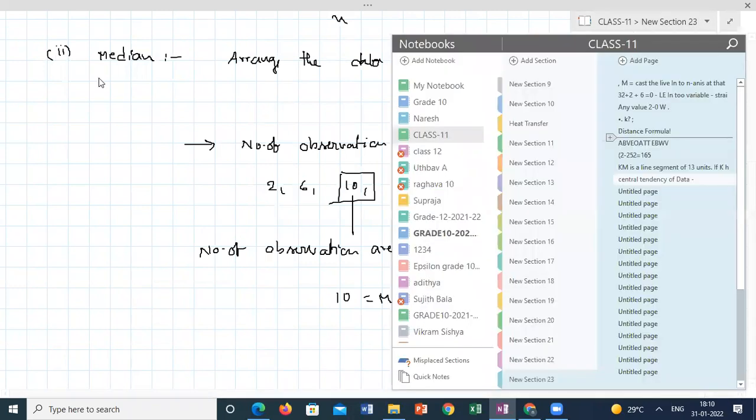How to calculate the mode? Generally mode is useful if the number of observations is more. Suppose 2, 2, 2, 4, 4, 5, 5, 5, 5, 6. So 2 is repeated 3 times, 4 repeated 2 times, 5 repeated 4 times, 6 repeated 1 time.